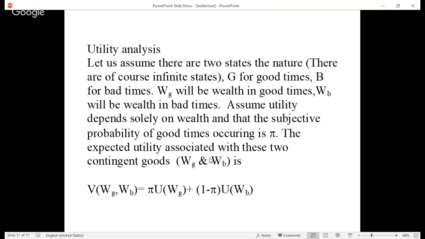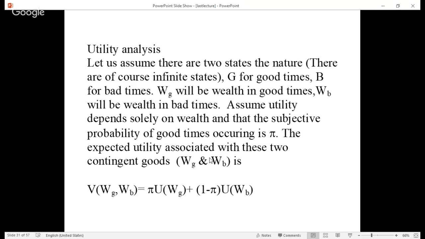So instead of an infinite amount of possibilities, let's break it down to two: a good state of nature or a bad state of nature. I'll denote G for good times, B for bad times. So WG will be my wealth in good times, WB will be my wealth in bad times.